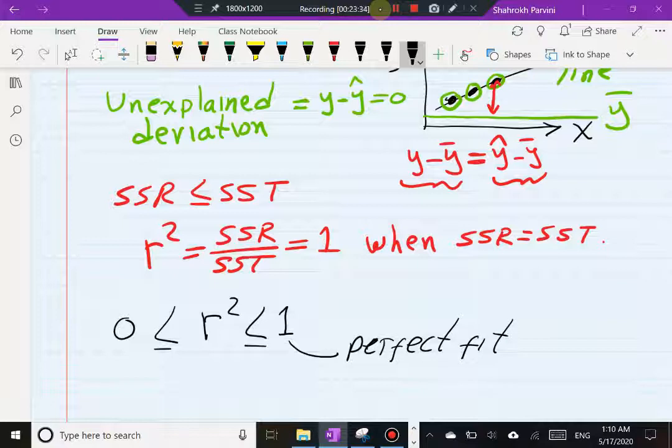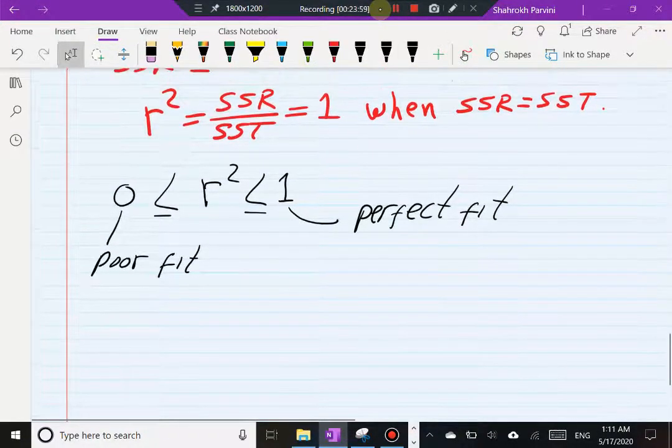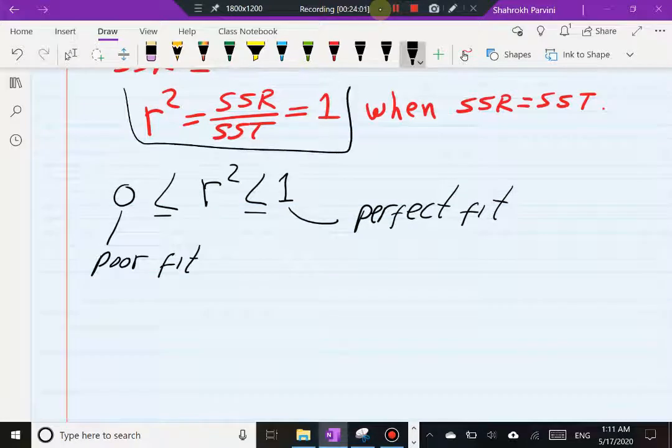That means all the points lie on the line. And 0 tells us this is a poor fit, meaning the regression line has no predictive power. So all we have to do is form this one ratio and we're good to go.